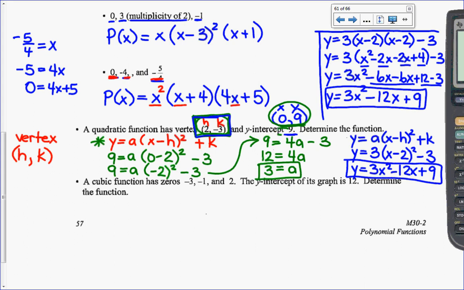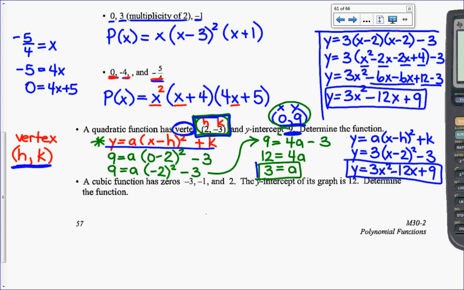Okay, so when you have information given, if it tells you you have the vertex, use the vertex formula, okay? Remember that your vertex is h, k in your formula, so plug in your h and your k. Use any other point that it gives you. In this case, it gave us the y-intercept, so we knew our coordinates. Use that as your x and y.